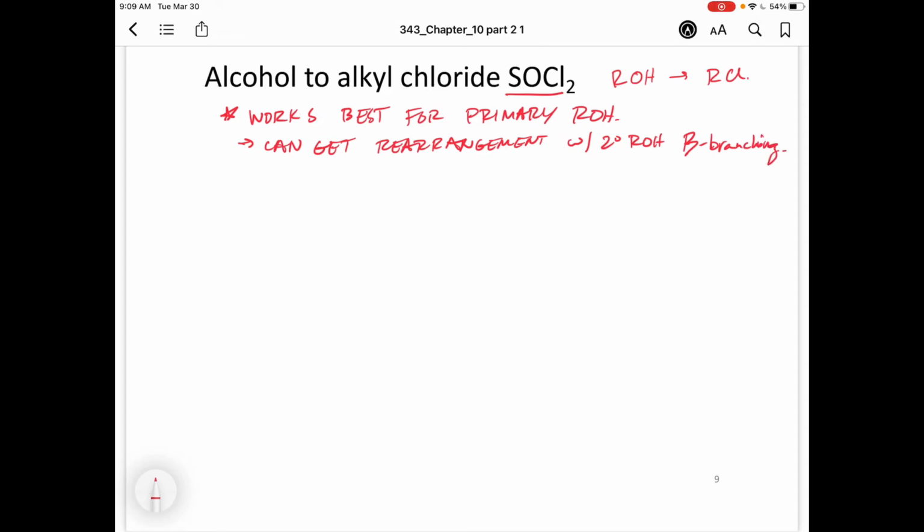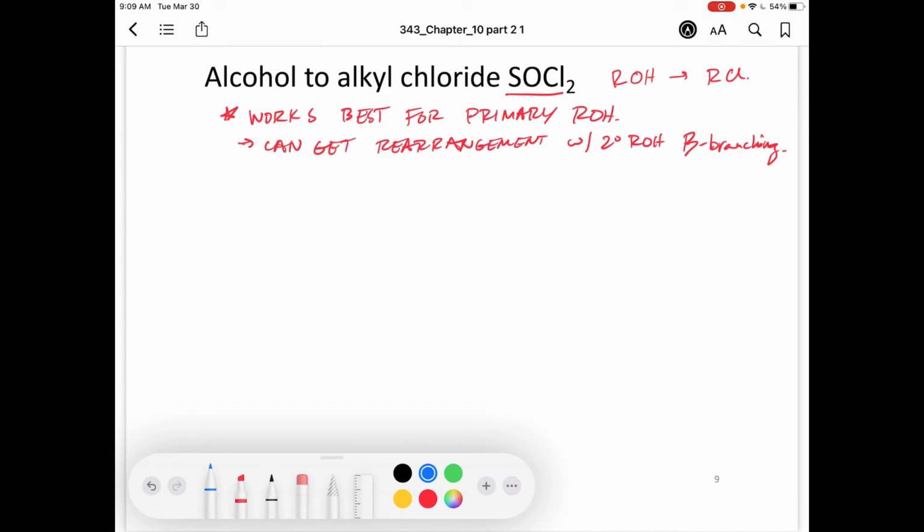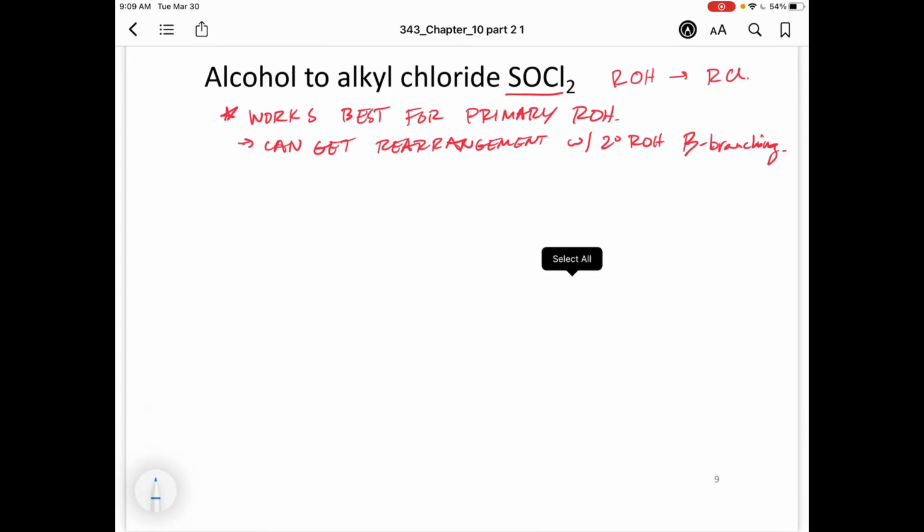I want to show you this mechanism though, because SOCl2 is a really useful chlorinating reagent. Let's take a primary alcohol, and we have SOCl2. Thionyl chloride looks like this.